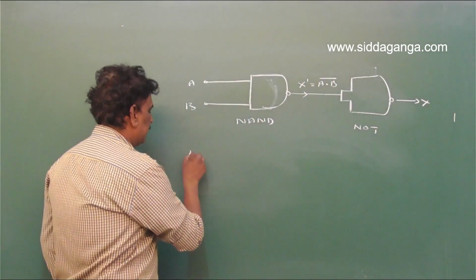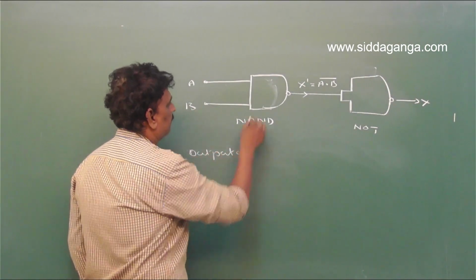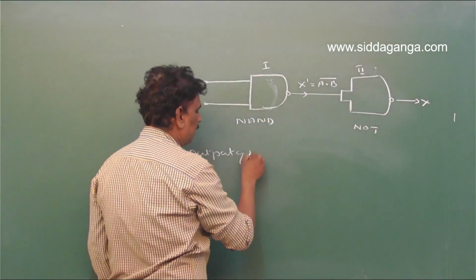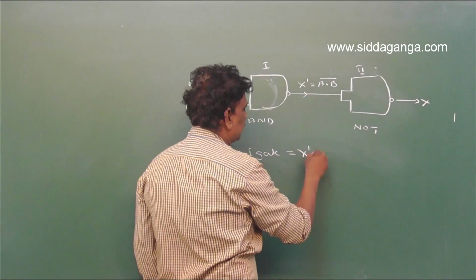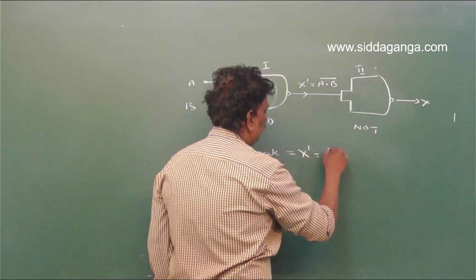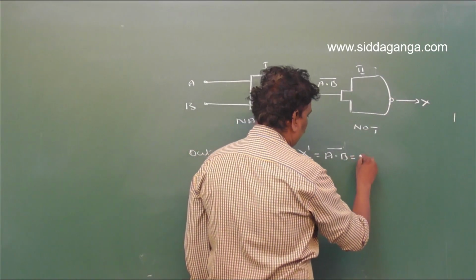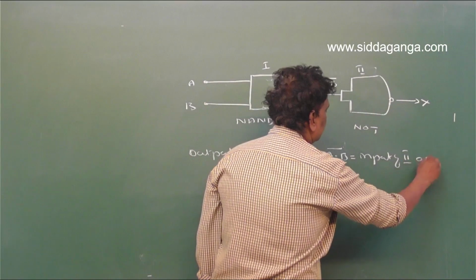Therefore, this is the first gate, this is the second gate. The output of the first gate, X dash, is equal to A dot B bar. This is equal to the input of the second gate.